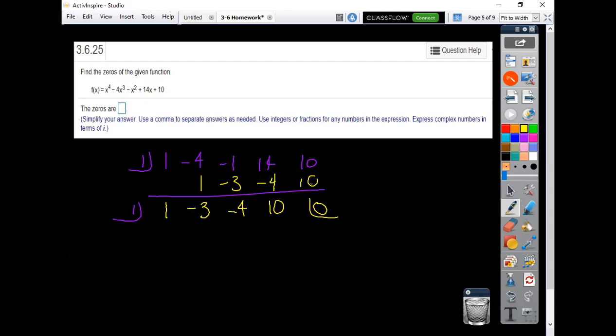I feel like there's a mistake here somewhere. Did I copy something down from my problem incorrectly? Did I write down 1, -4, -1, 14, 10? But what was my 0?